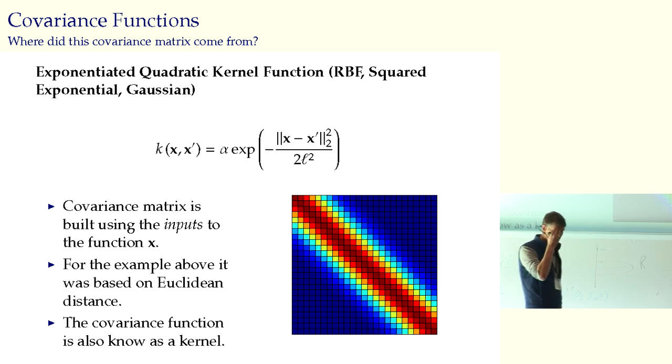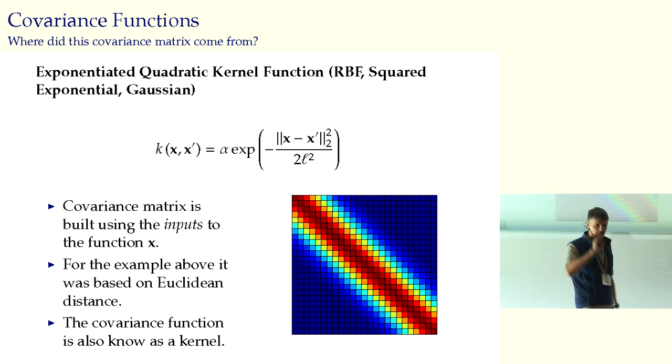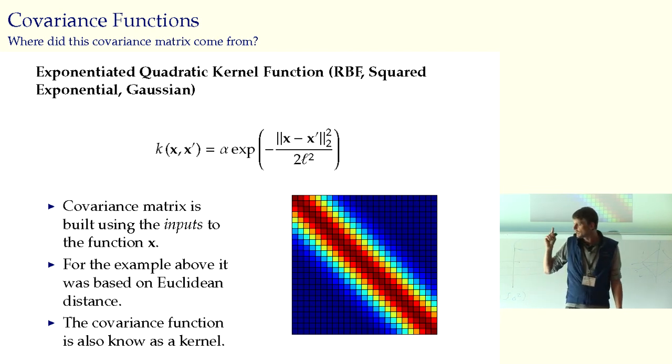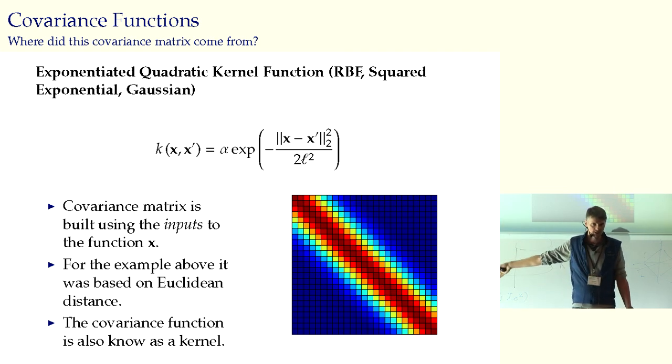So we can ask, for example, what's the correlation between the temperature in the Blue Lagoon in Iceland and, I don't know, the temperature at the top of Mount Everest? Well, probably nothing. But it's a question you can ask. And you can ask it for all variables, as long as you can build a covariance function between them.